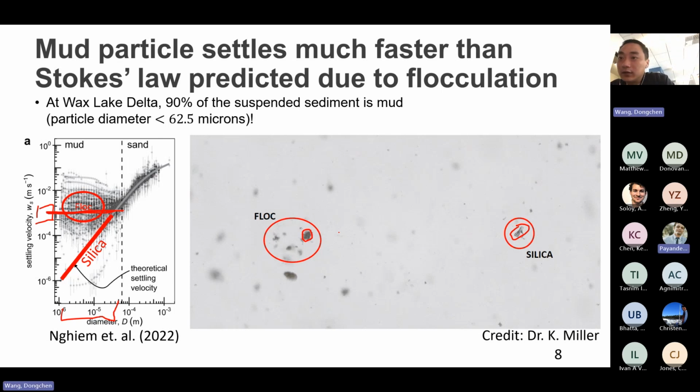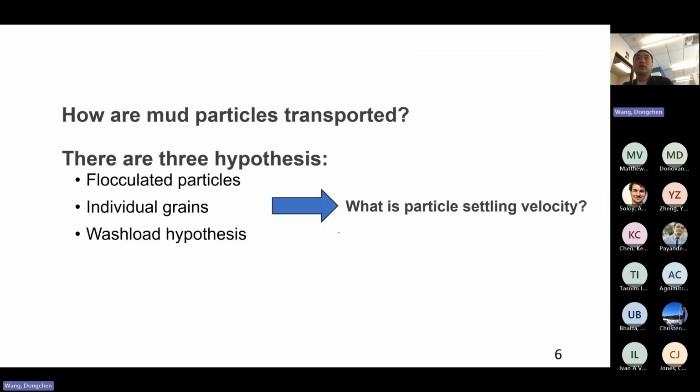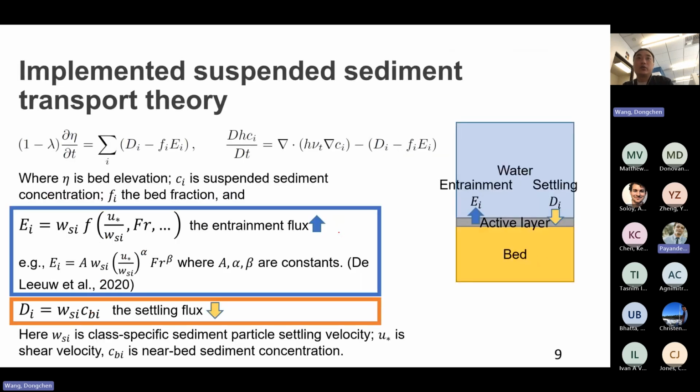Okay. The fourth question is what value did you specify for the erodibility, tau s? In this case, we're not using the classic sediment transport theory to model the mud erosion here.